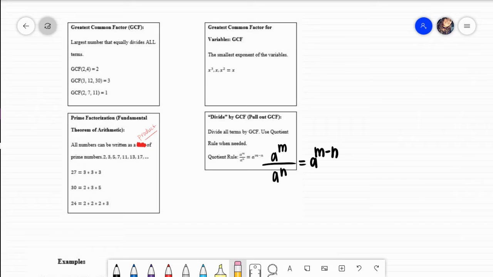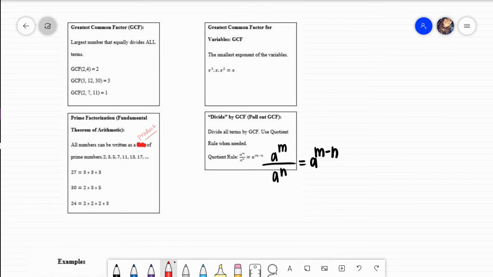So go ahead and scooch on over to the right top box. The greatest common factor for variables is still going to be called the GCF. The only difference is instead of looking at the coefficient or the numbers, what we're looking at is the actual variables. So for example, if we have x cubed and x squared, because the greatest common factor for variables is the one with the smallest exponent, it would just be x.